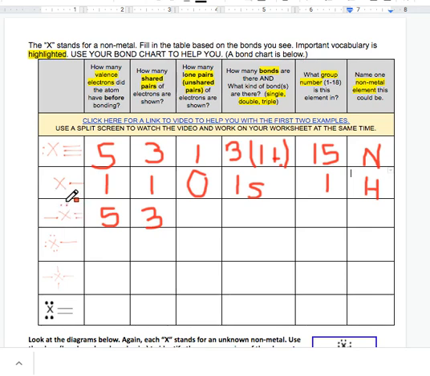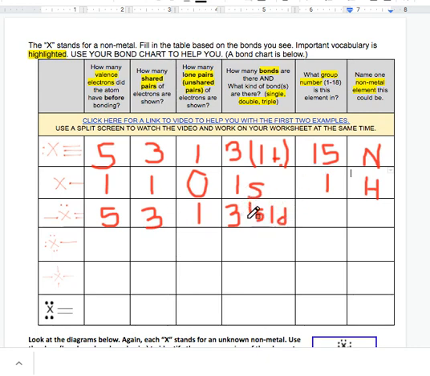That's 2 dots, but that's 1 pair, remember. 1 pair is 2. How many bonds and what kind of bonds? Kind of talked about this already, but there's 3 bonds, but they are 1 single and 1 double. So I'll put 3, and then I'm going to put 1 S for single and 1 D for double.